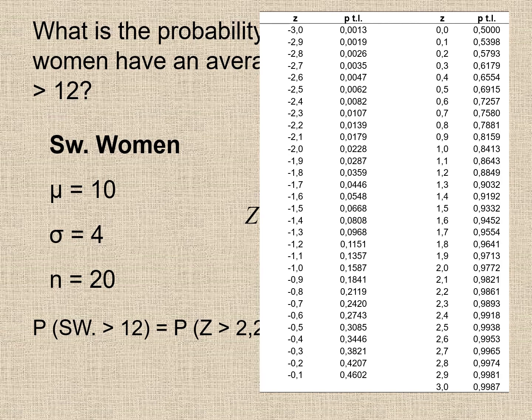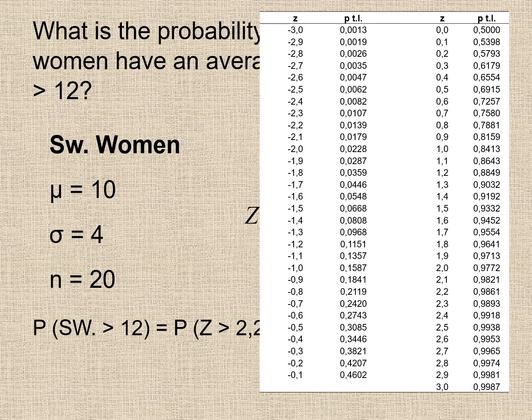The same probability, because the z-distribution is symmetrical, we see if we have a look at how big a proportion of the z-distribution is below the value minus 2.2. So if you have a look there, you see it says 1.39%, 1.4% of the z-distribution is below minus 2.2.